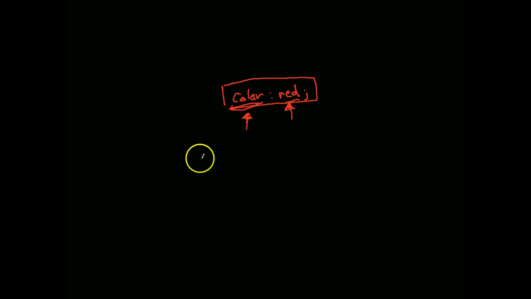We've got 3 things that are quite similar. We want to set the border color, we want to set the border width, and we want to set the border type.